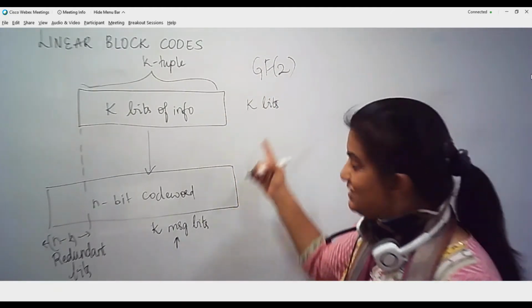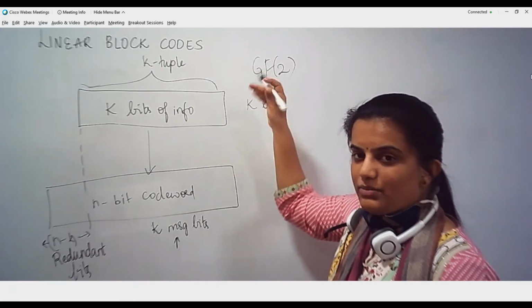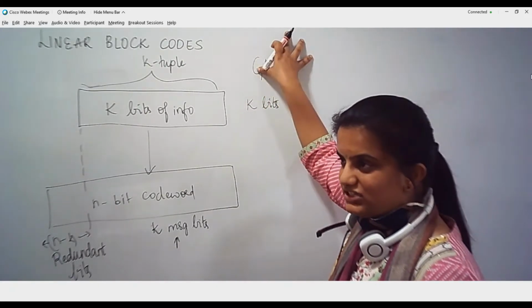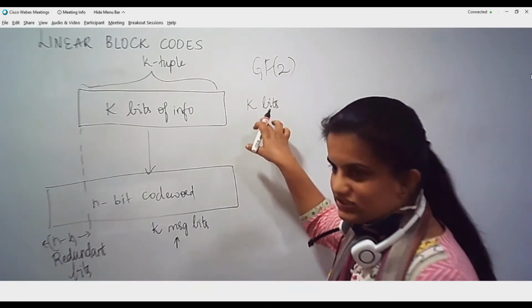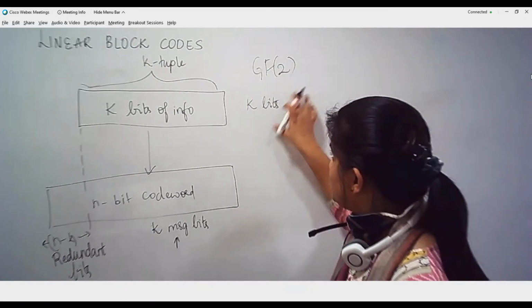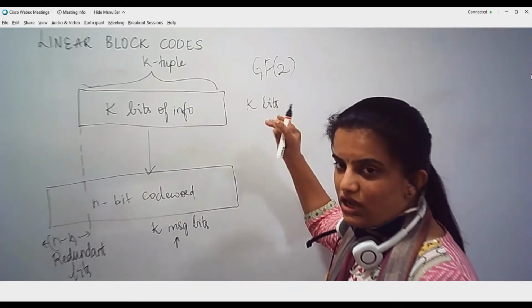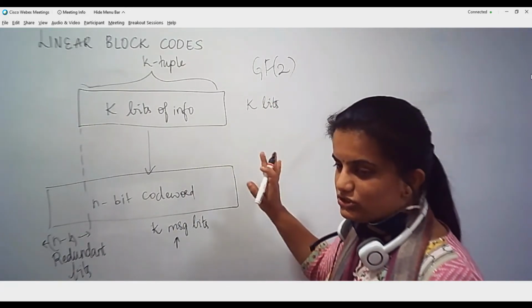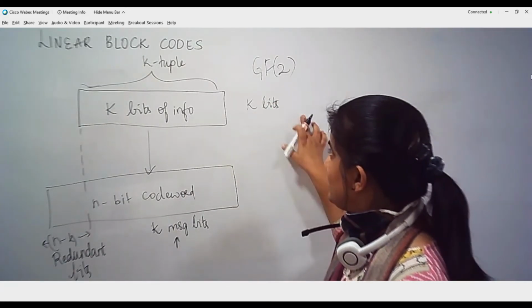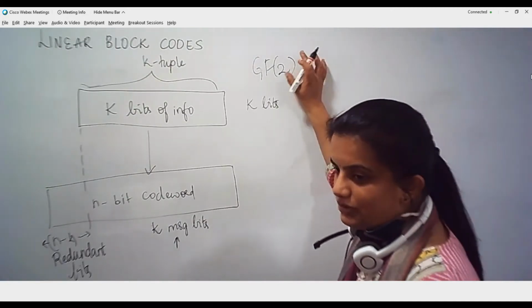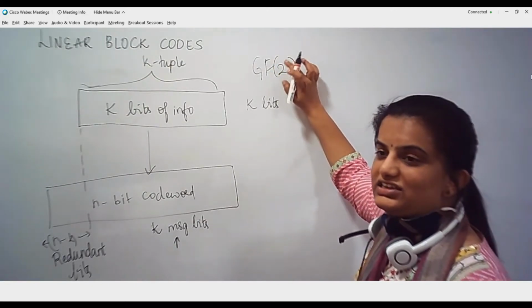Okay, and these k bits are obtained from a field or a vector space. We call them vectors, k vectors. 2 power k vectors actually you are going to get. This k bit vector is obtained from a field formed by the elements present in GF of 2.